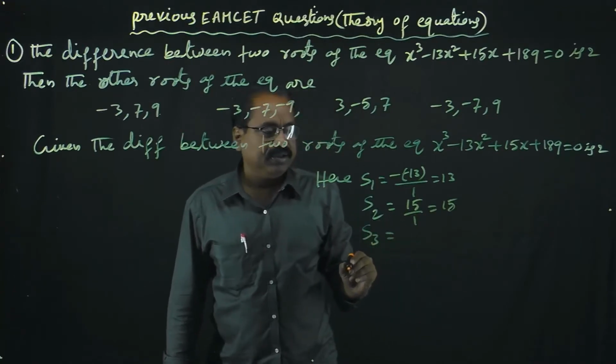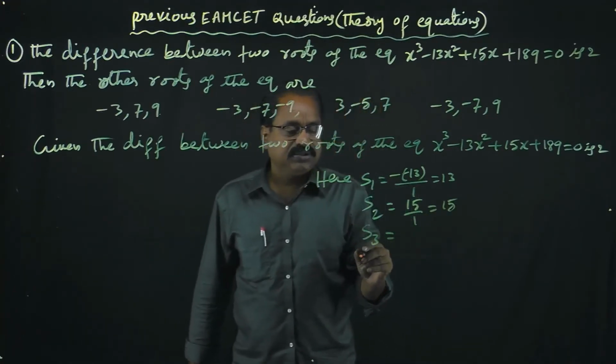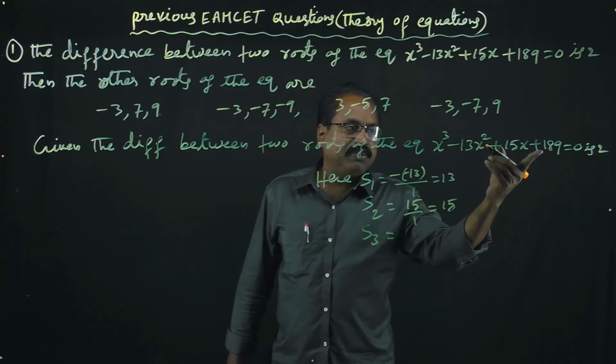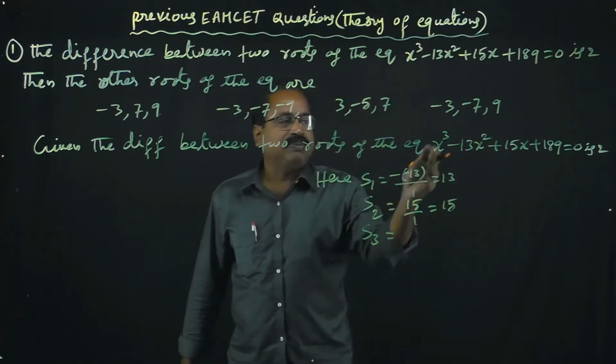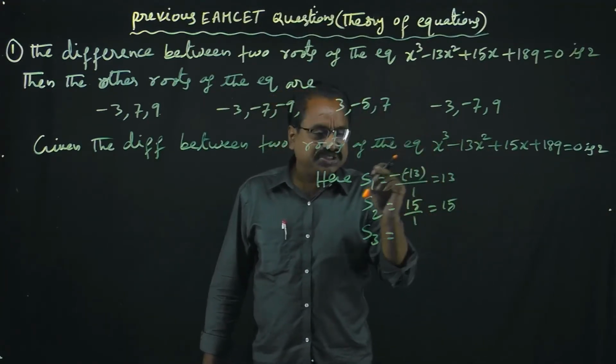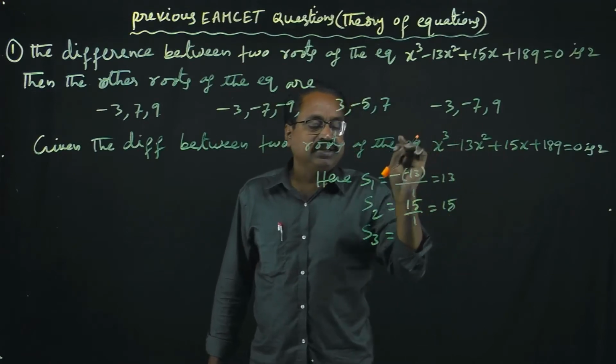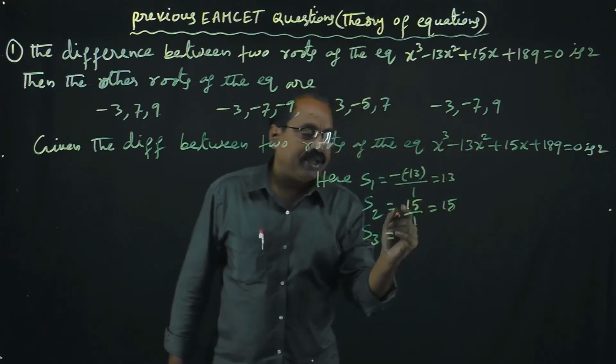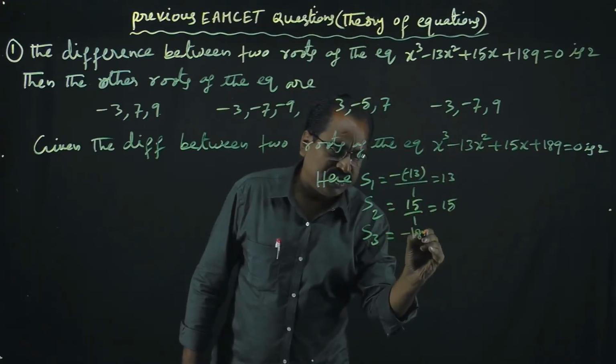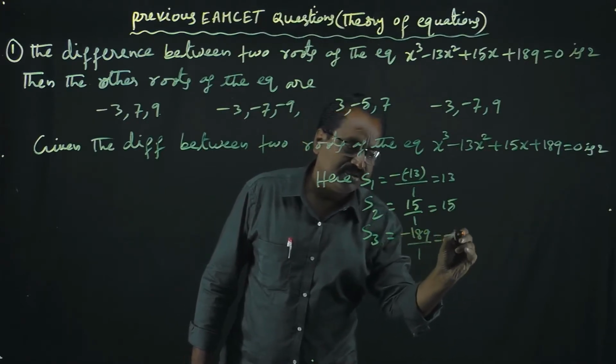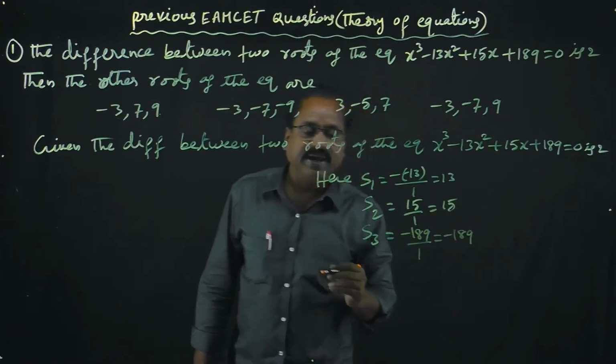S3, product of the roots, minus a3 by a0, minus 189 by 1, that is equal to minus 189.